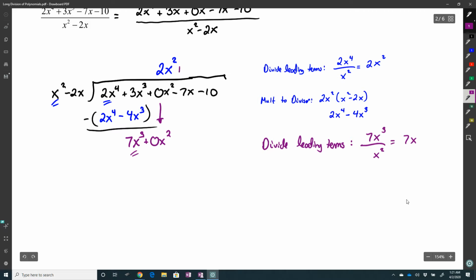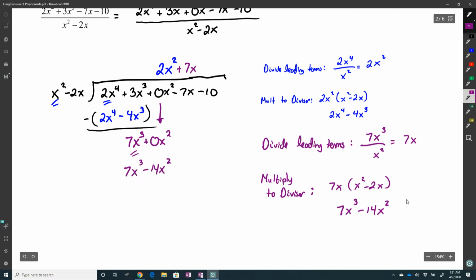I write my answer on top, a positive 7x, and then I multiply to the divisor. So 7x times x squared minus 2x. That gives me 7x cubed minus 14x squared. I write that underneath. I subtract.